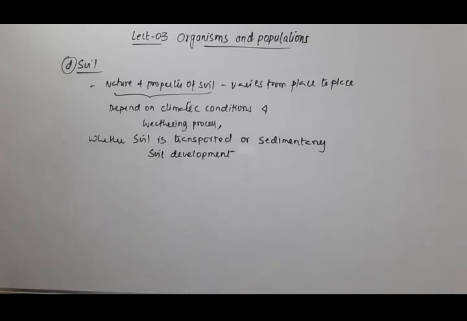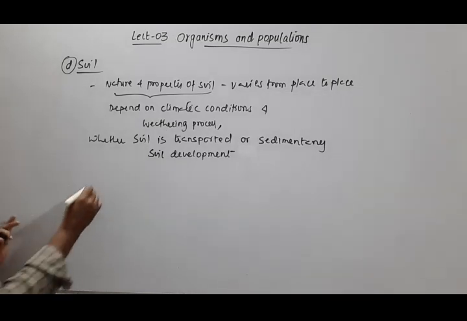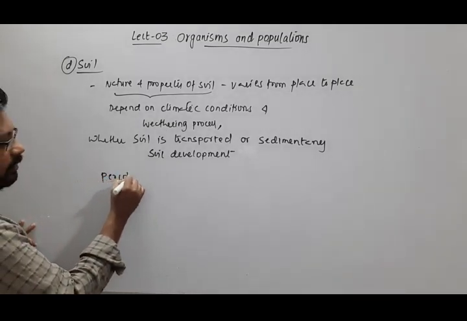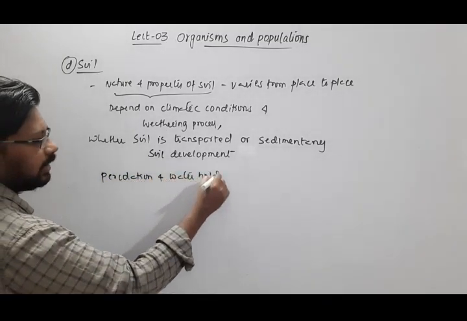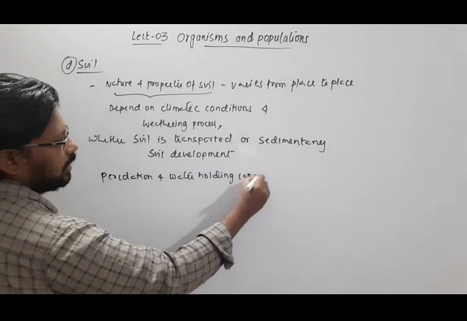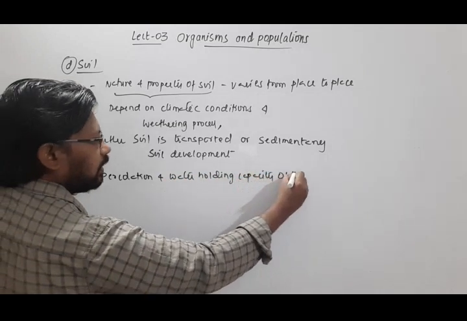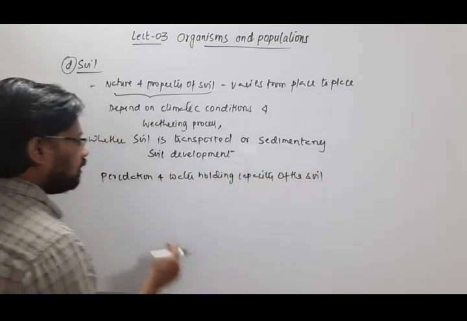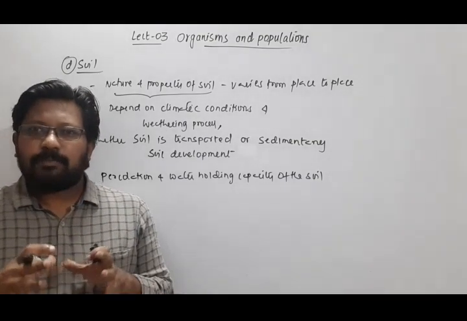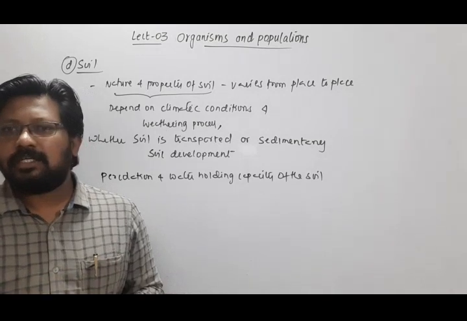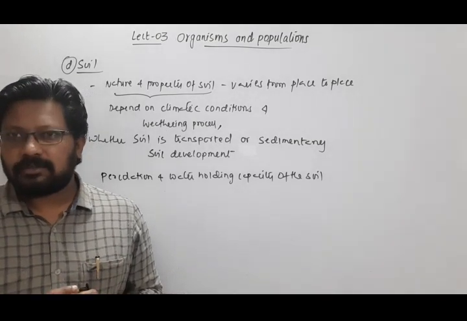Next, the percolation and water holding capacity of the soil. This is very important. Percolation means how far the water is able to pass from the surface of the soil deep into the soil.